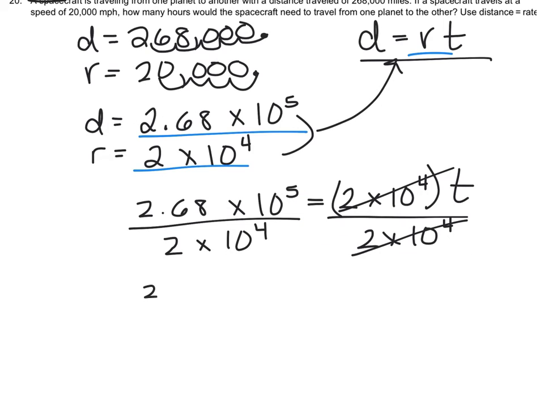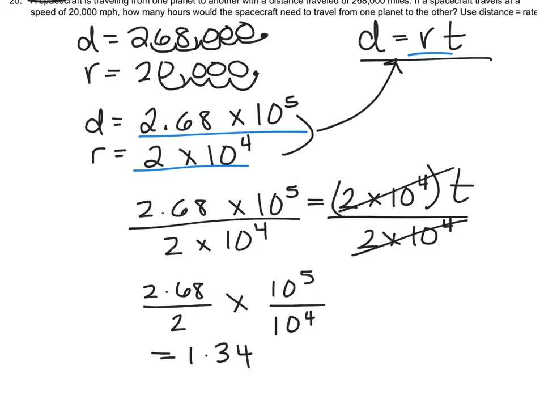That means that I'm going to separate the decimal numbers, so I have 2.68 divided by 2, and then I have 10 to the 5th divided by 10 to the 4th. 2.68 divided by 2 is 1.34, and then 10 to the 5th power divided by 10 to the 4th power is the same as 10 to the 5 minus 4, which is 10 to the 1st power.